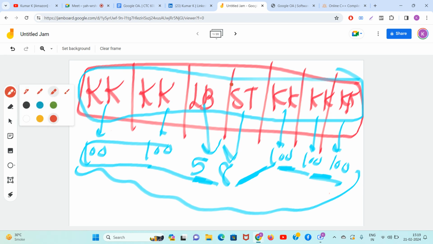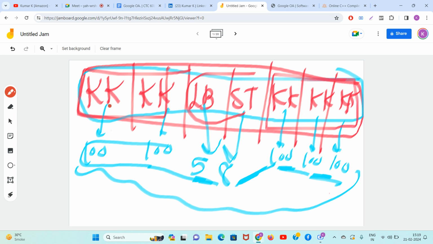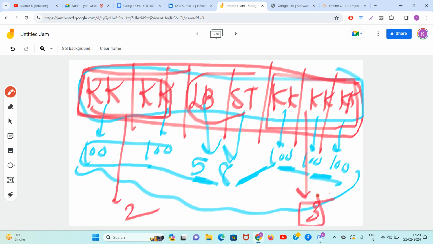So you cannot entertain the anomalies. Whatever the contiguous members are there, pick up the largest contiguous set. Here there is a set of 2 K, here there is a set of 3 K, so 3 is the largest one. 3 is the largest subarray whose AND value is the maximum possible in the array.